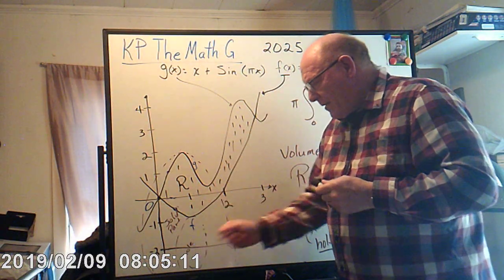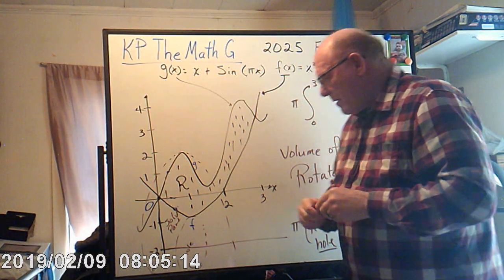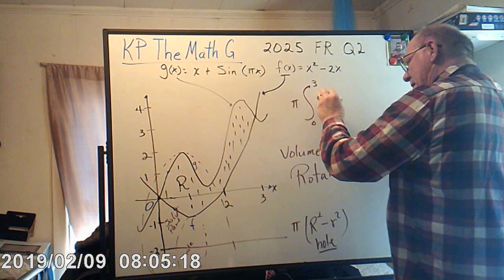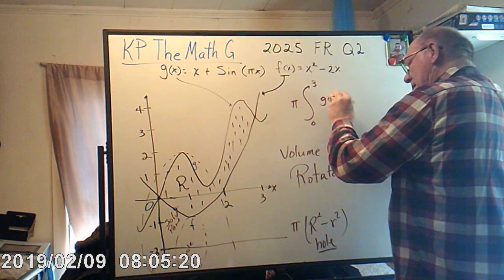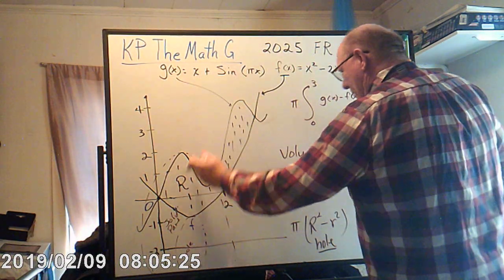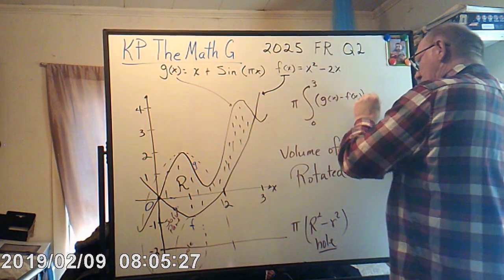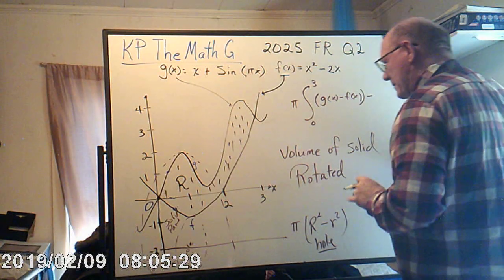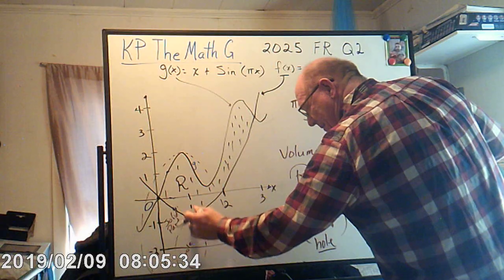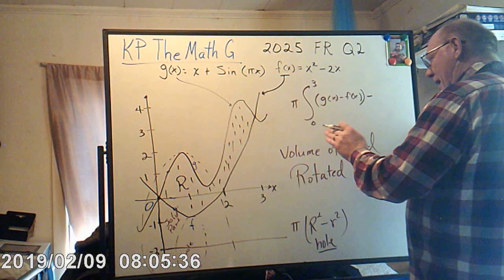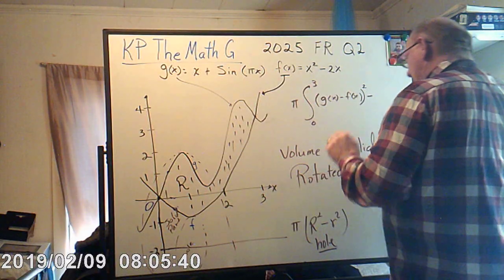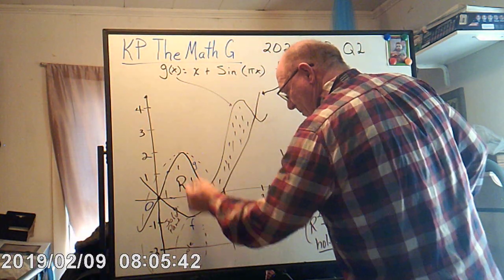So it's always going to be this still. It's just going to be like this: g at x minus f at x. That's the solid part of it. Now minus, and then it's always minus. In this case, it's minus. Square. Don't forget to square it. And then now minus this part right here.